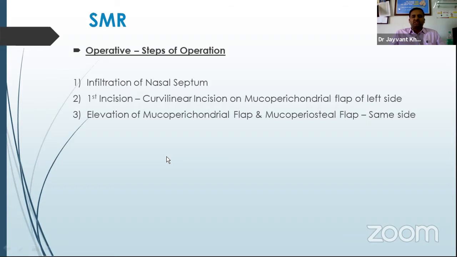Then elevation of mucoperichondrial flap and mucoperiosteal flap. When nasal mucosa runs over the nasal septum, we call it mucoperichondrial flap and mucoperiosteal flap.